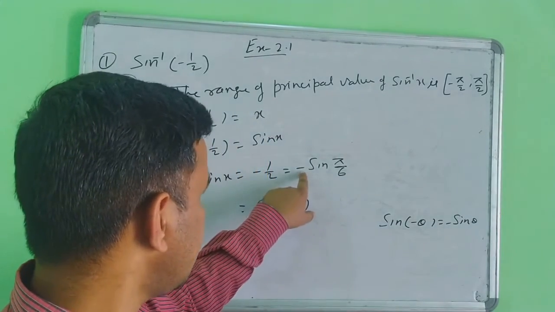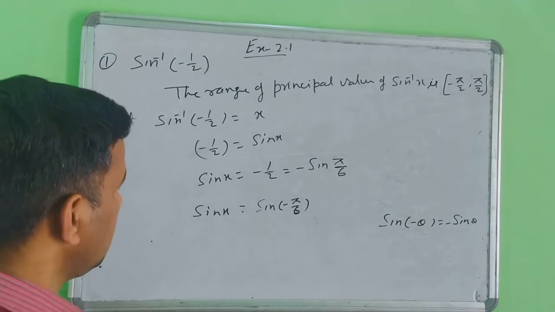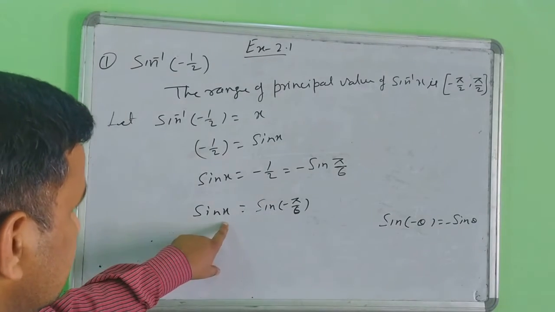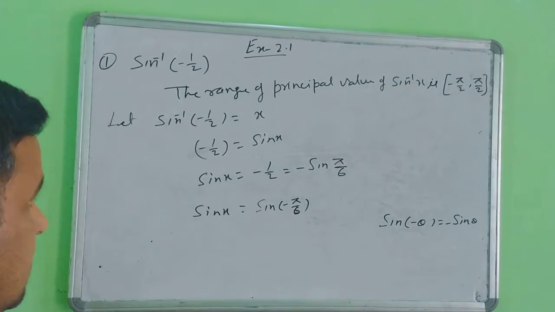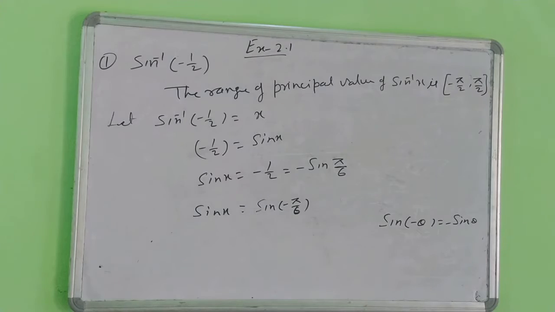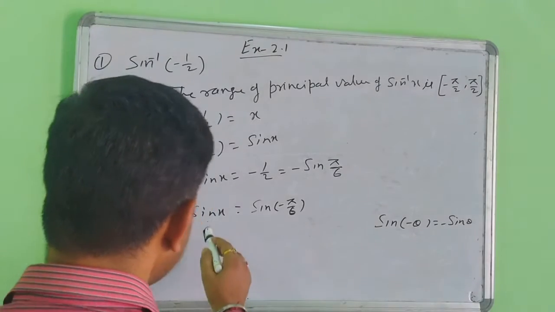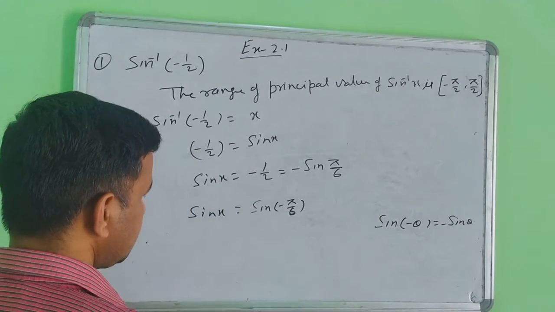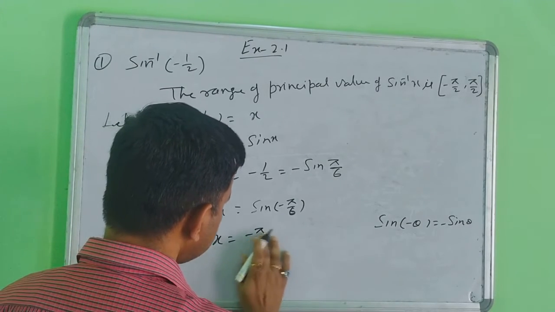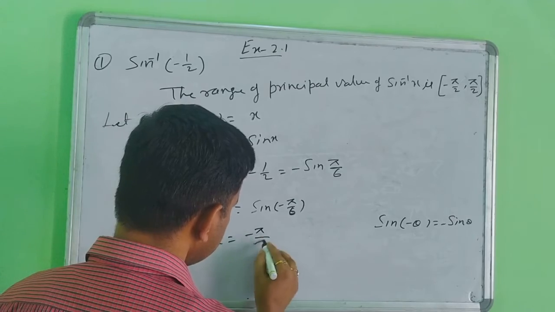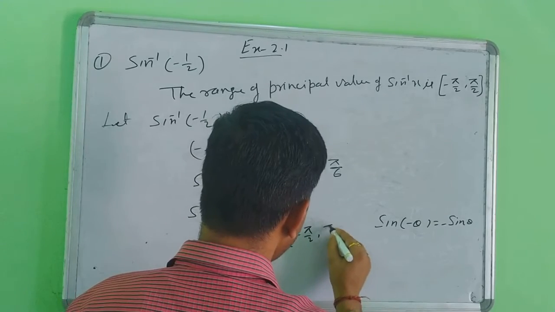So you can use this sign inside. What is the value of x here? Taking sin inverse on both sides, x equals minus pi by 6. So you can say sin x equals sin of minus pi by 6. This means the value of x is minus pi by 6, which belongs to the range minus pi by 2 to plus pi by 2.